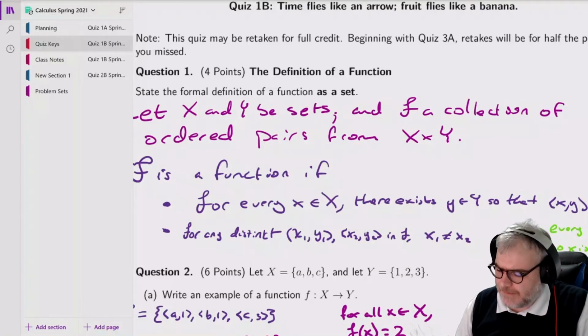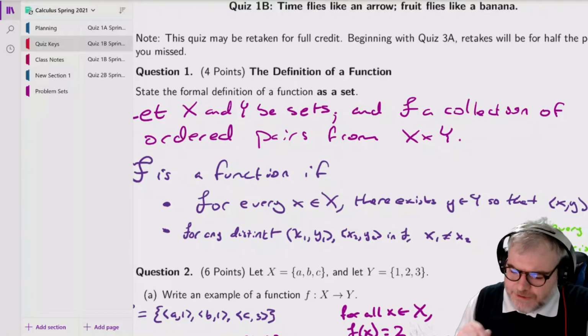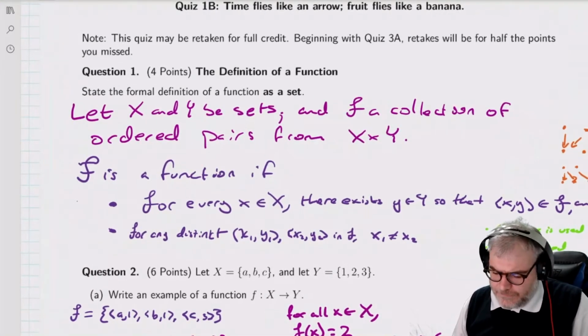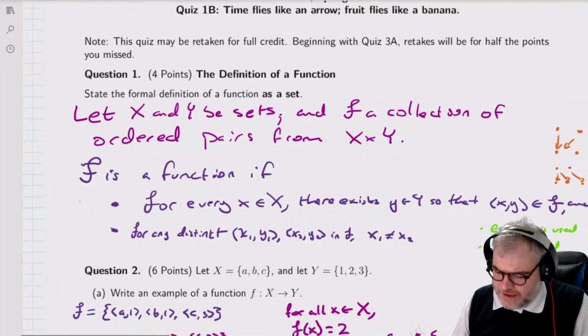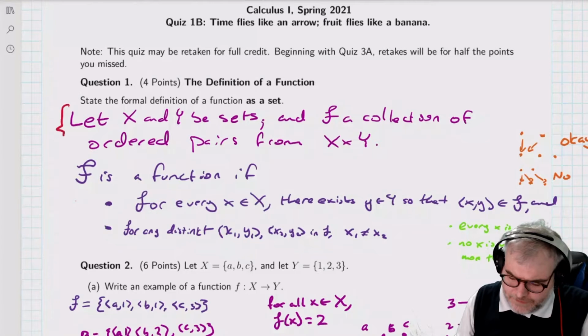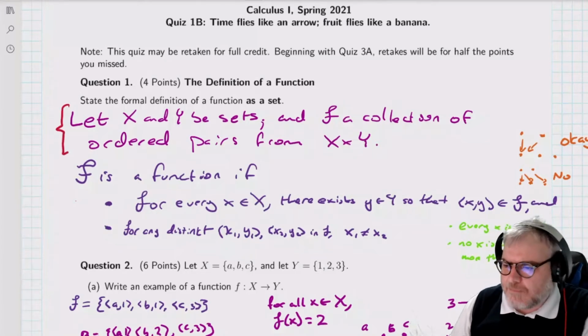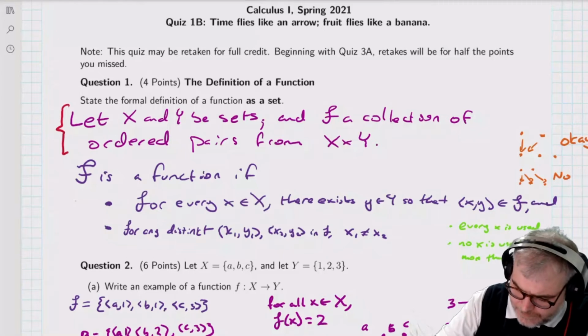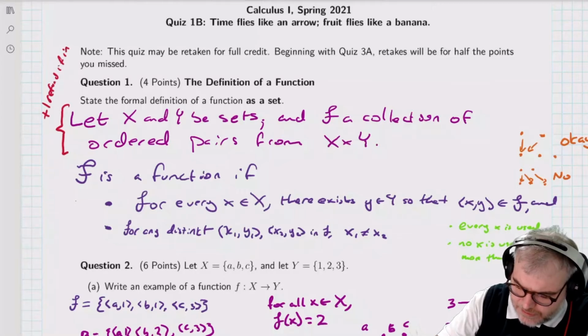Now, let me show you how these statements are graded. So this right here is called the preamble. The preamble is optional. It's a plus-one refund if included and correct.